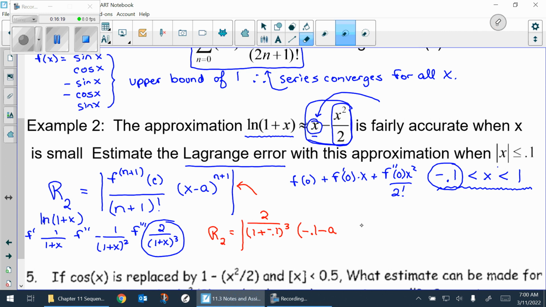Sorry about that. The center of the interval is 0. I've got to take that to the third power. And I've got to divide by n plus 1, which in this case is 3. And I've got to take the absolute value of this.